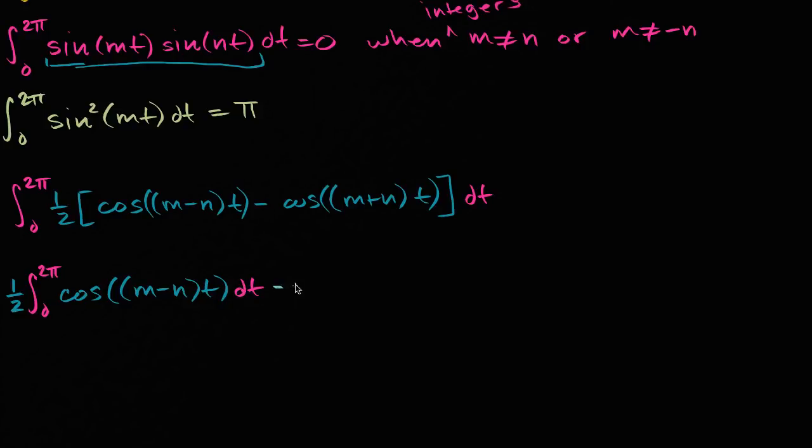So minus 1/2 times the definite integral from 0 to 2 pi, and I'm going to have a dt out here, so let me just write the dt out there in magenta, of cosine of (m plus n)t dt. And this is a slightly different shade of blue, so let me color that in as well.